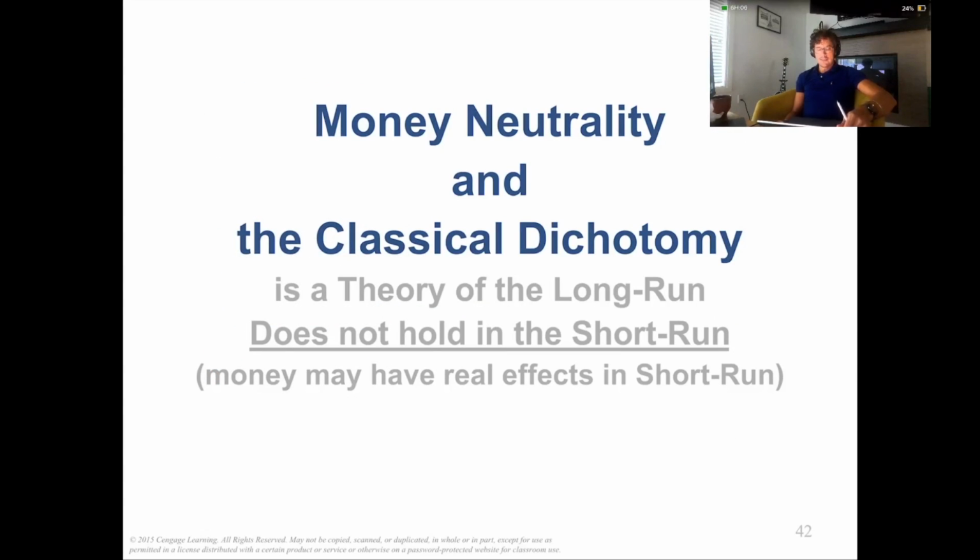So, money neutrality and the classical dichotomy between nominal and real variables is a theory of the long run. It does not hold in the short run. Money indeed may have real effects in the short run. So the money supply will always affect nominal variables.